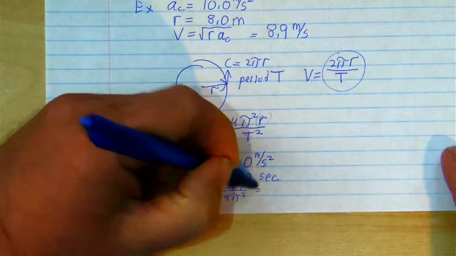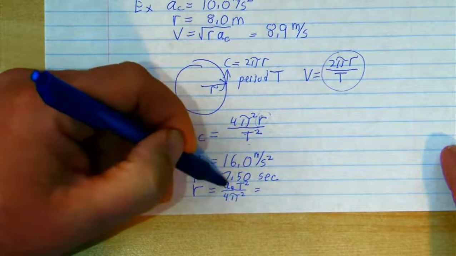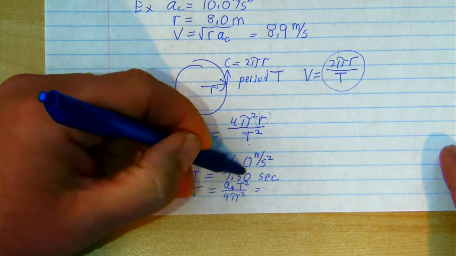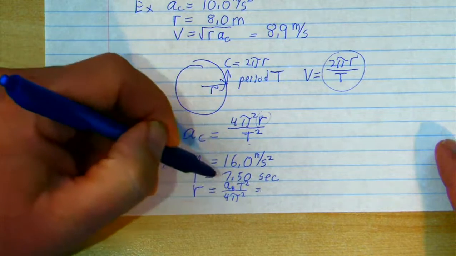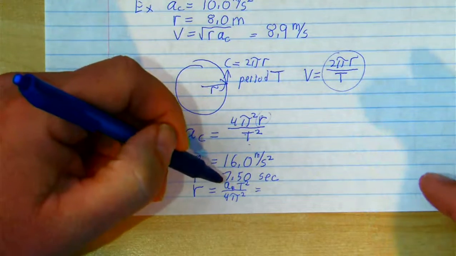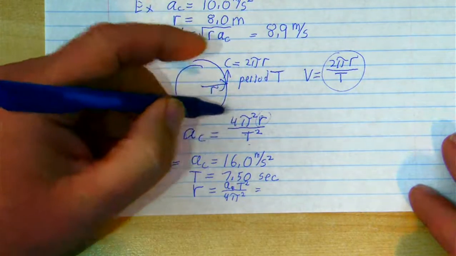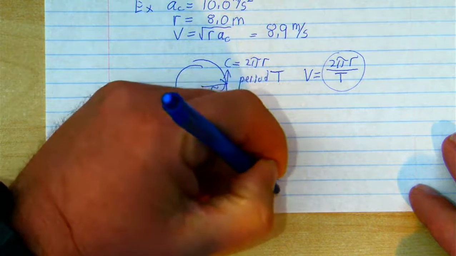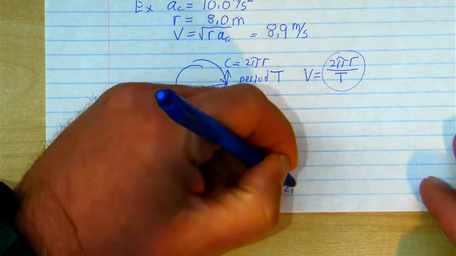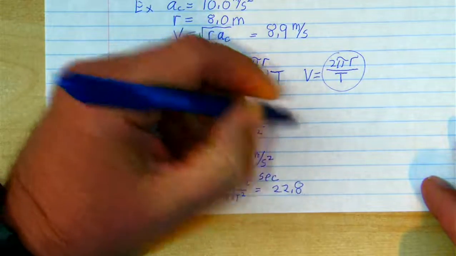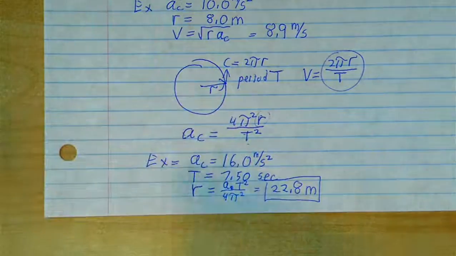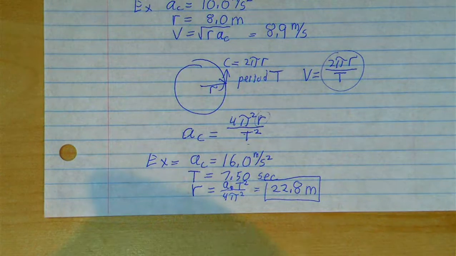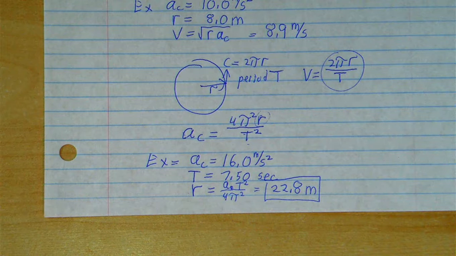Plugging in the values, 16 meters per second squared for the centripetal acceleration, 7.5 seconds for the period, squaring that, dividing everything by 4, dividing everything by pi squared, I get a value of 22.8 meters. I did have one student get that result and plenty of others who did not get that result.